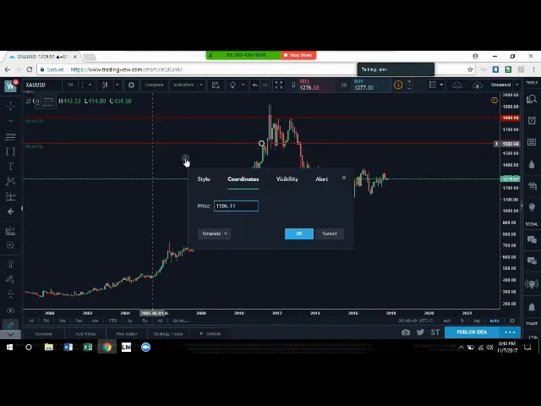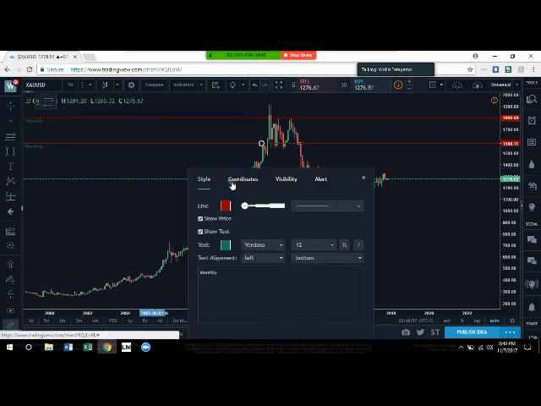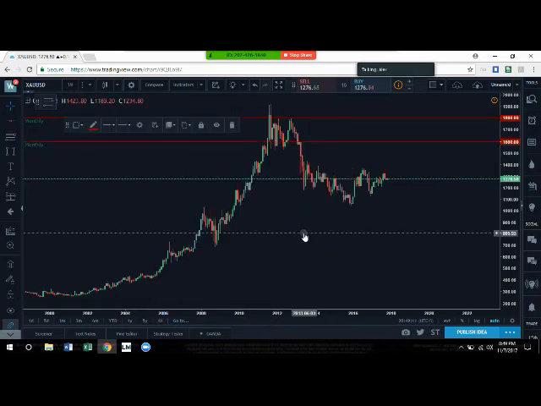If you click on coordinates, you can enter the price. If you right click on it and go to properties, yeah, you can, but that's a long way to go. Just double click on it.